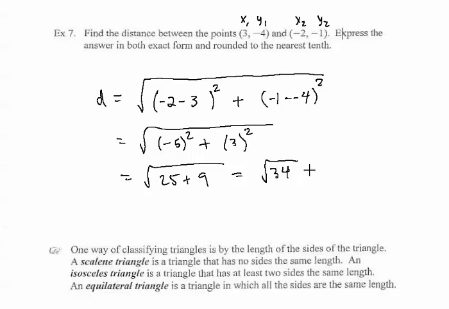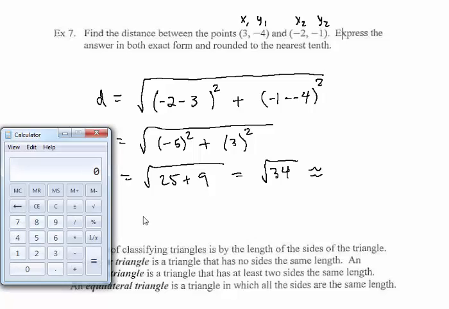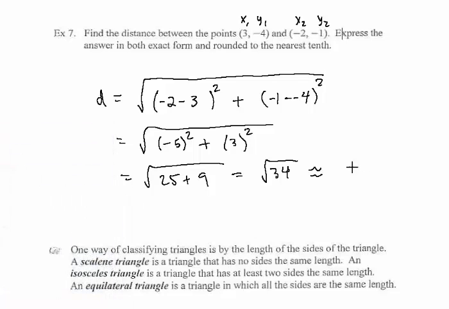So this is our exact answer, and we'll pull up our calculator. 34 and the square root, approximately 5.8. So this is exact, and this is approximate.